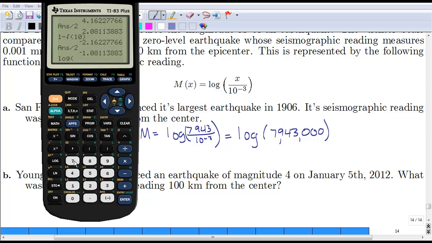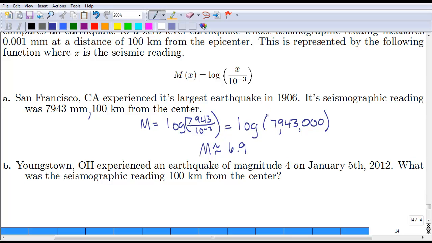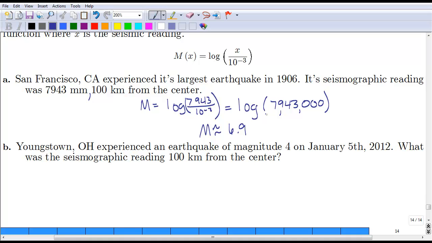You can either plug it in the first step as 7,943 divided by 10 to the negative third, and you end up with 6.89, or you can take log of 7,943,000 and you end up with the same thing. So in this case, the magnitude of this earthquake was approximately 6.9, which is very high. It's the largest earthquake in San Francisco.